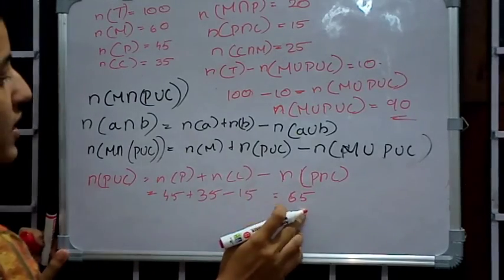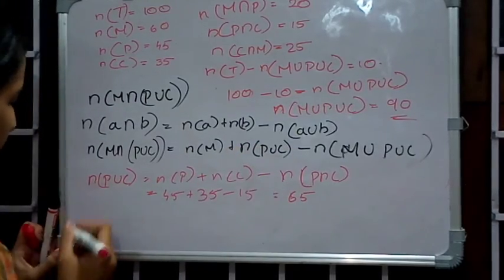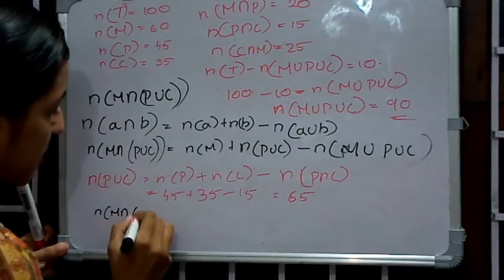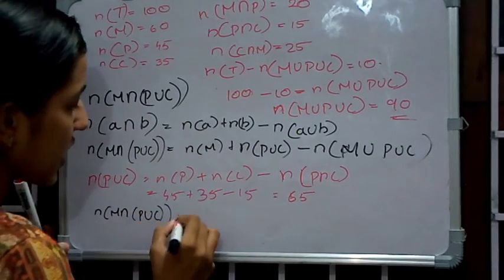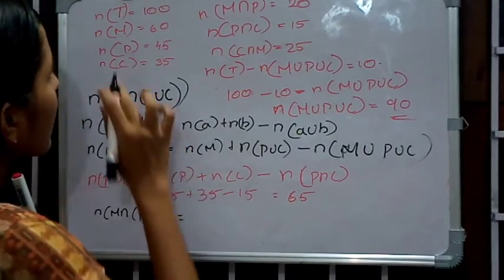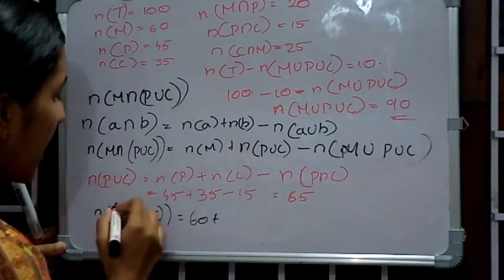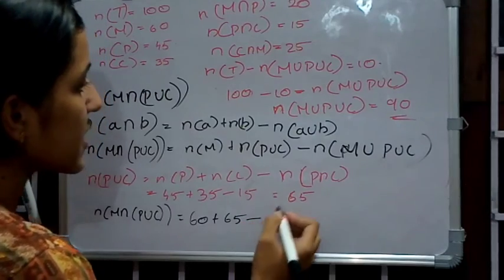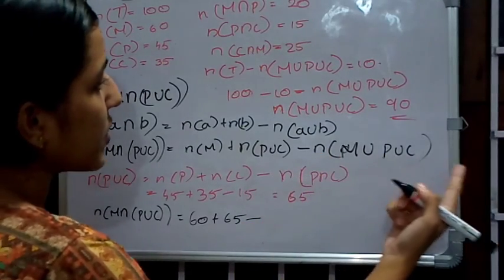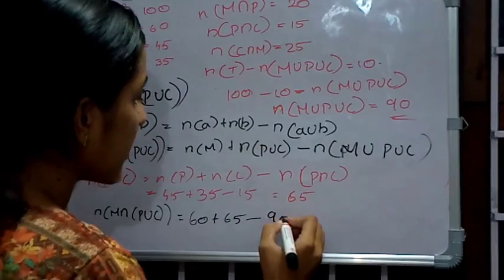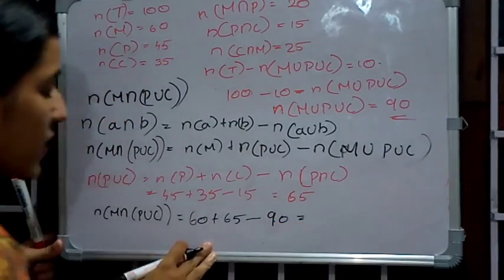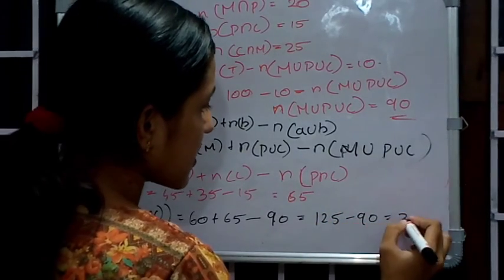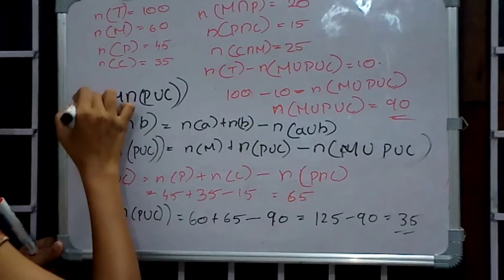Now let's substitute this value into the equation. Hence we get n of M intersection P union C equal to n of M, which is 60, plus n of P union C, that is 65, minus n of M union P union C, that is 90. So we get 125 minus 90, which is 35. So option D is also correct.